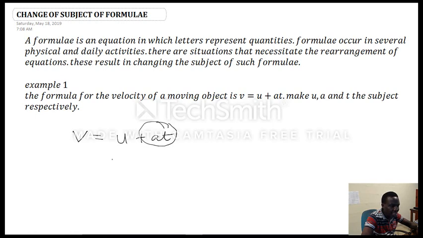If you look at the right hand side, we have it that u is added to at. So the opposite of addition is what? Subtraction. So thereby, I'm going to subtract at from both sides.